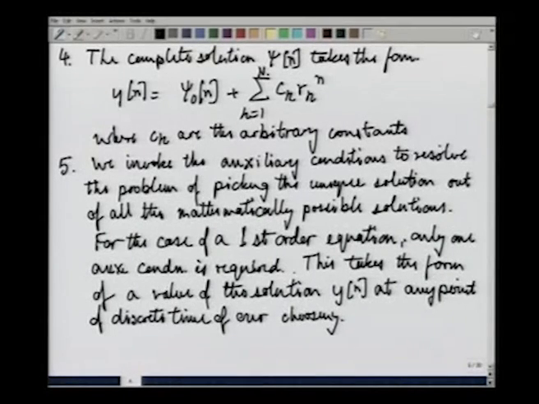So, you choose any n naught and let y n take the value y naught at n naught. So, that y naught is the auxiliary condition and it is given by y of n naught. So, if you do this, you have picked a particular solution.